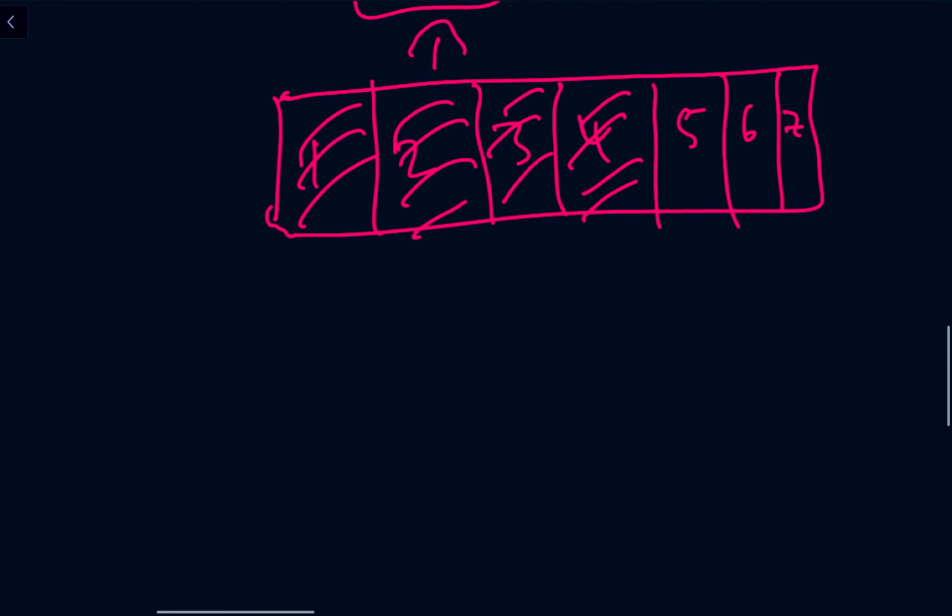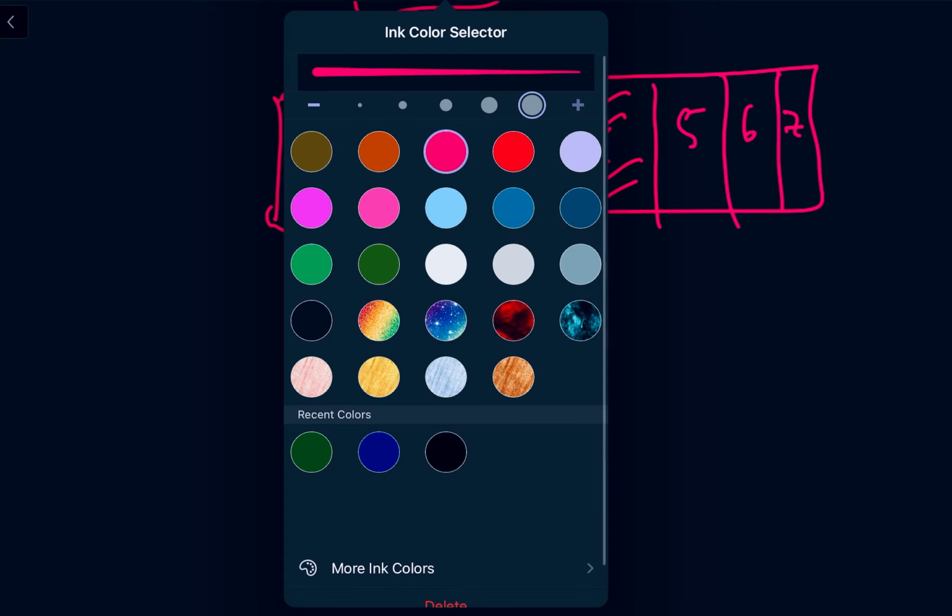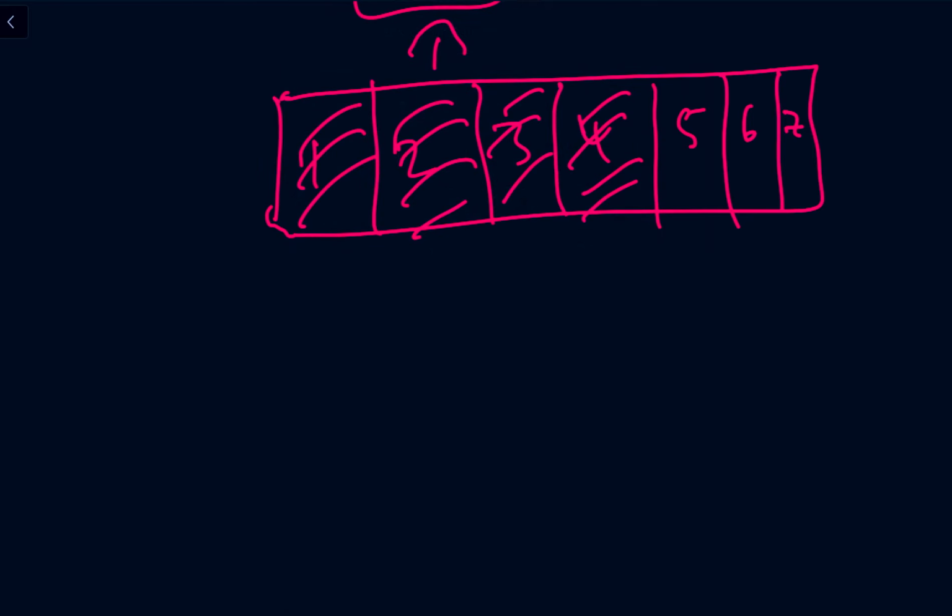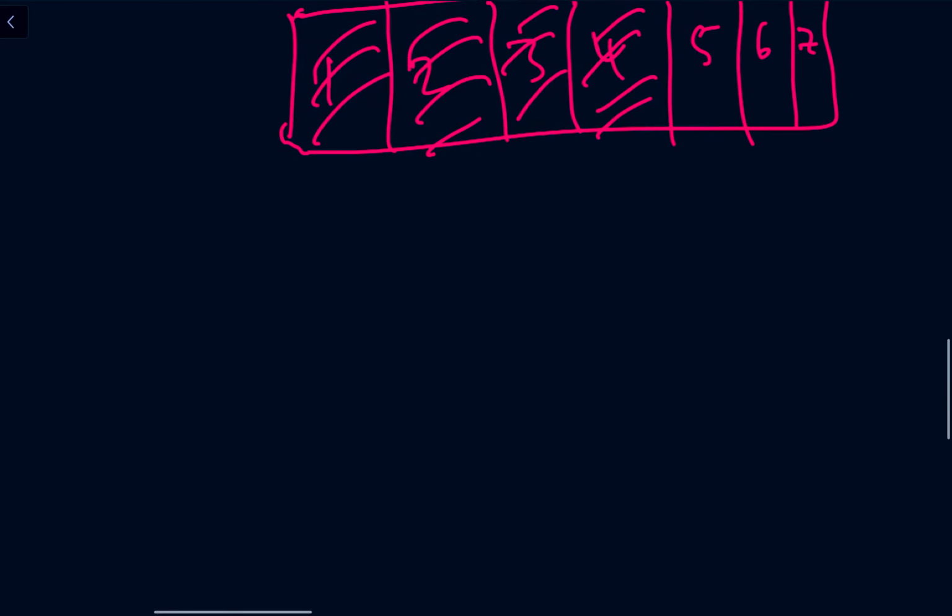So the next type of fraction that we have is the improper fraction.